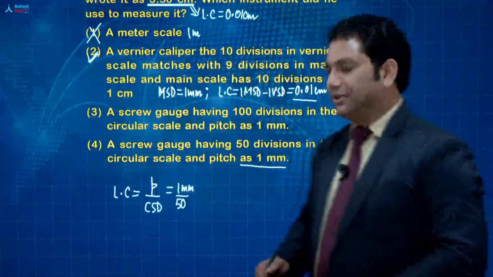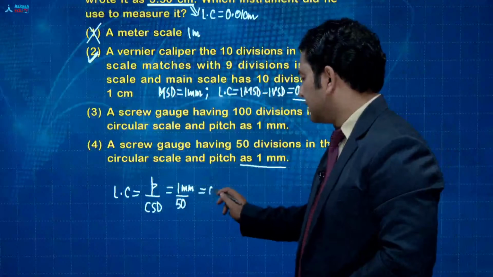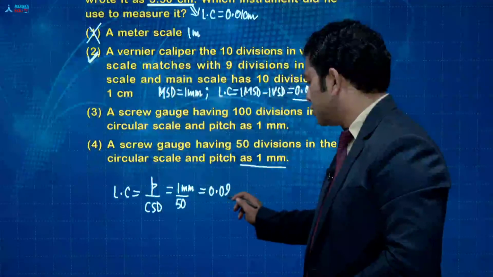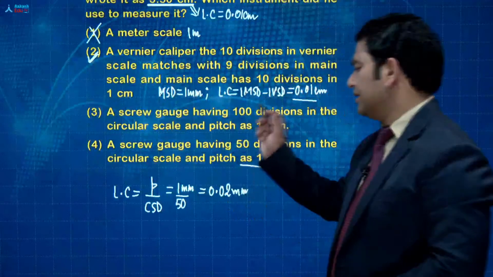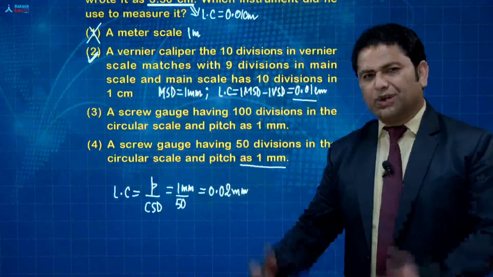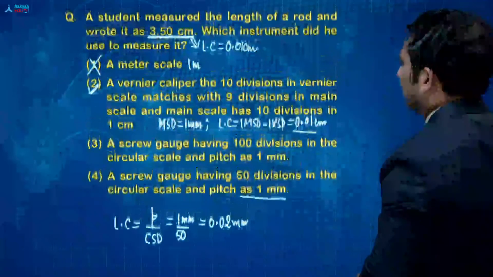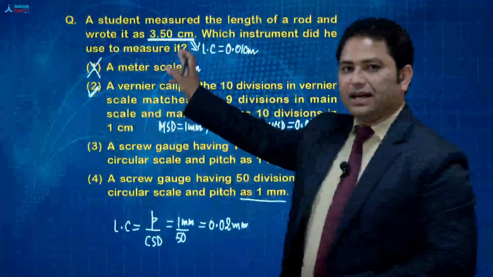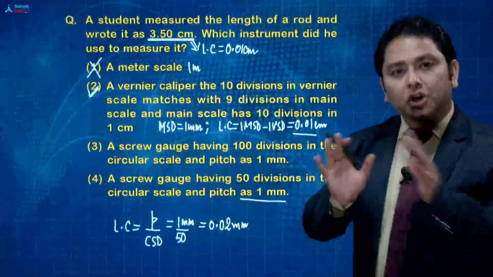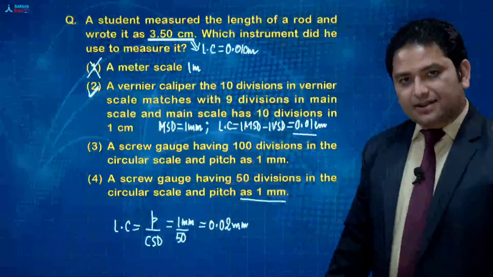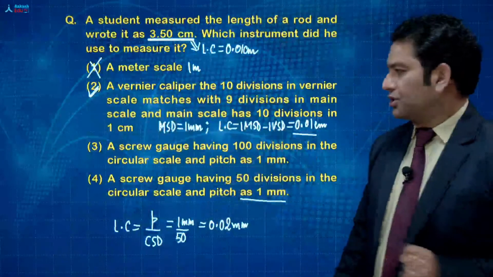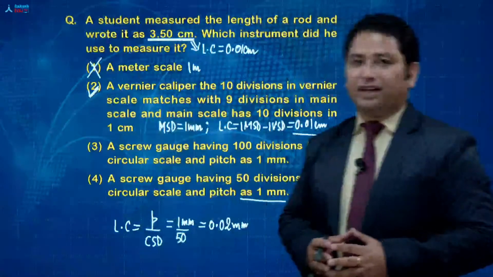All right, so this comes out to be 0.02 millimeter. That is that value. And we know least count agar ye hai, certainly for this particular reading that we have, this device is not used. In the same manner, I give you the option कि आप option number 3 को भी verify करें.